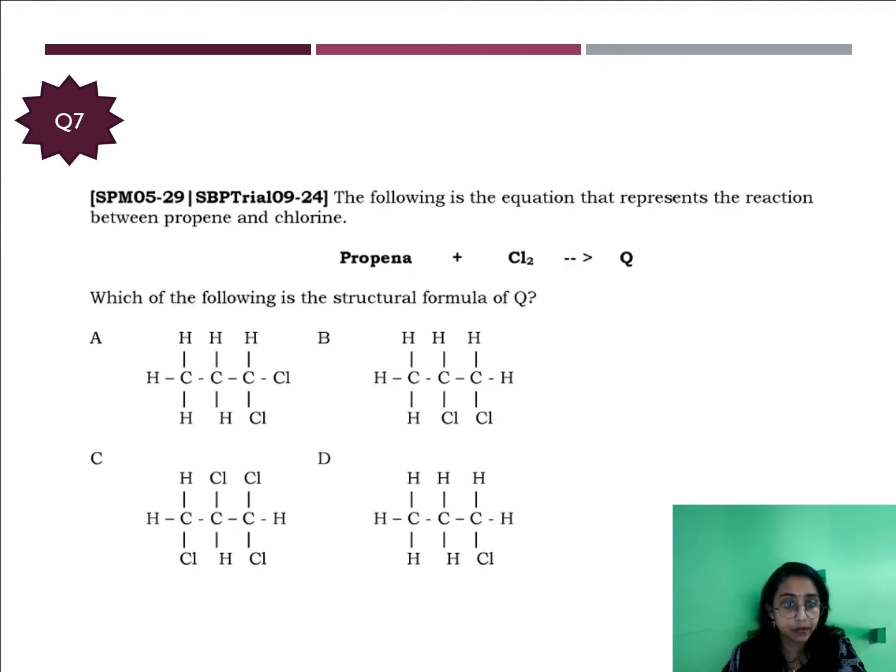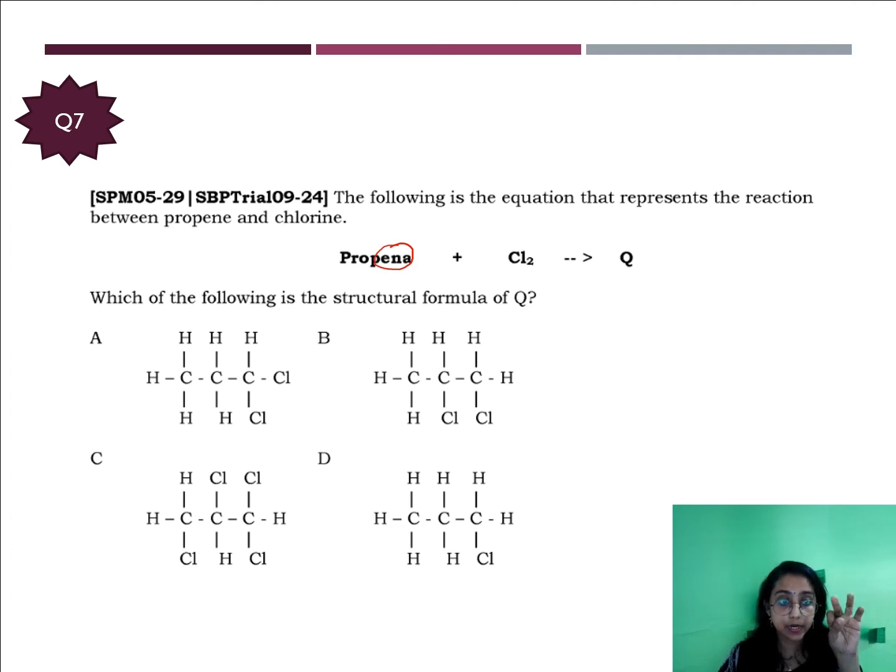Okay, now let's look at this question. Propene reacts with chlorine. So when we know propene, this is actually propene, with a double bond. So when propene reacts with chlorine, we know propene will have 3 carbons and in between they have the double bond.